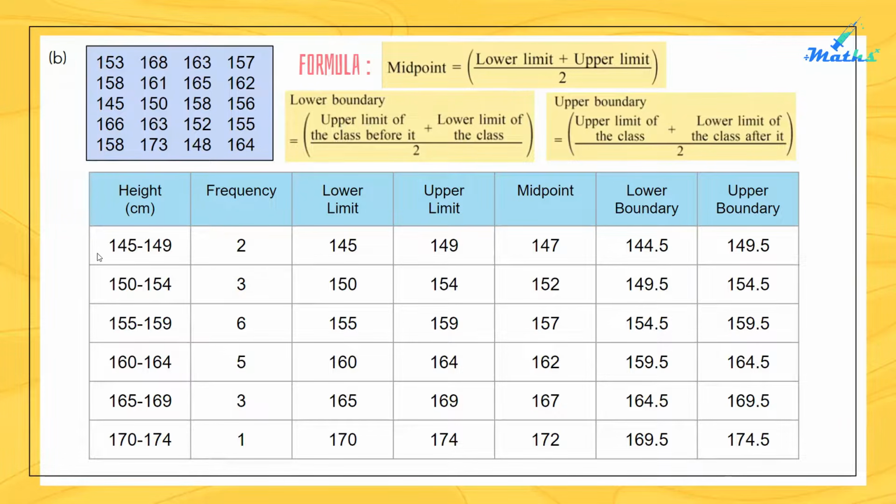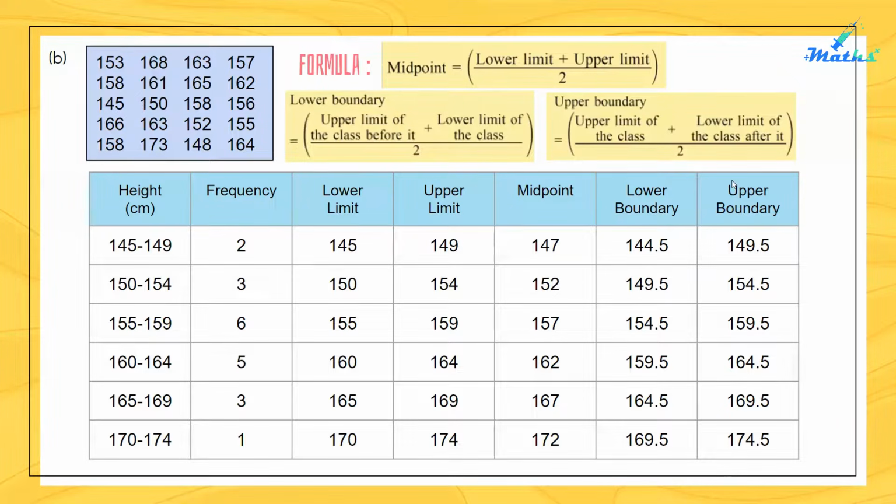So we take 144 plus 145 and divide by 2, and we get 144.5. For the 150 to 154 class, we take 149 plus 150 divided by 2 and get 149.5.